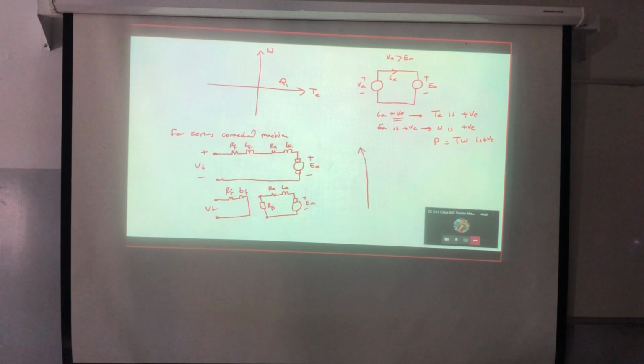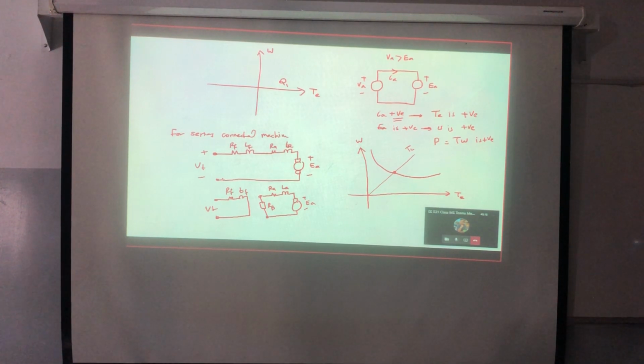Why? I need to plot the torque speed characteristic. Let's assume this was the torque speed characteristic for the series, and I'm driving a load TL, which is proportional to the speed.